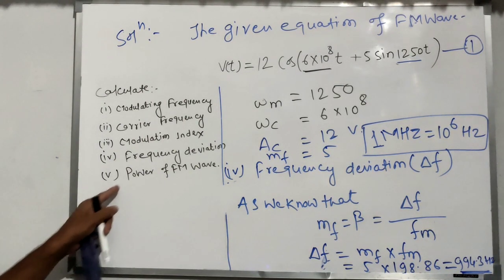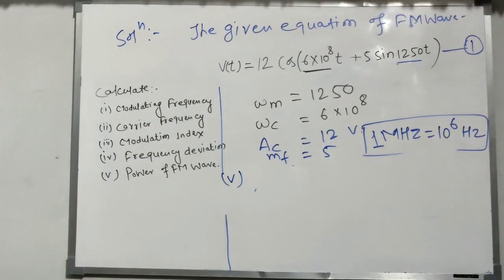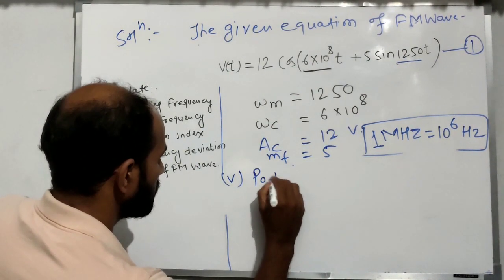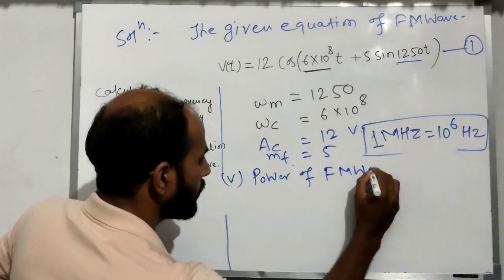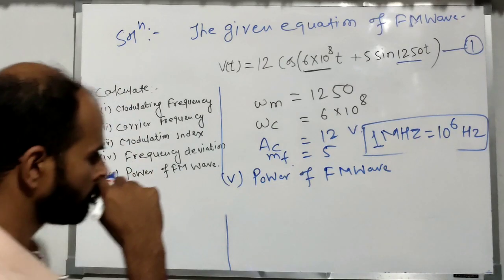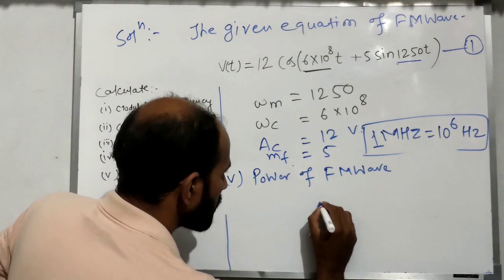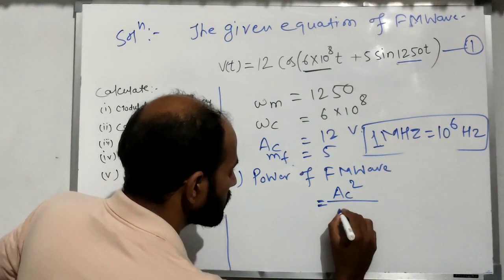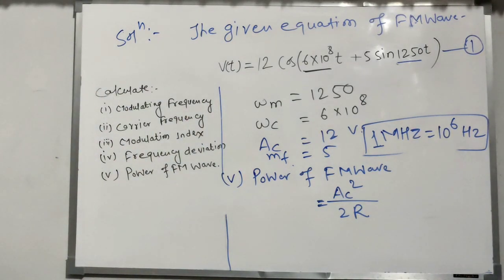Okay, finally we calculate the power of FM wave. This is given by Ac square by 2R.